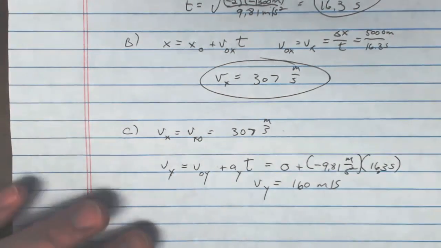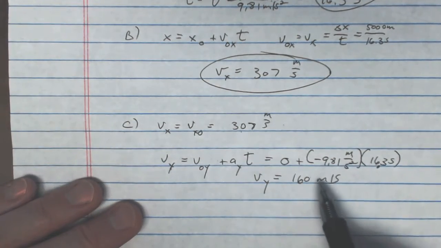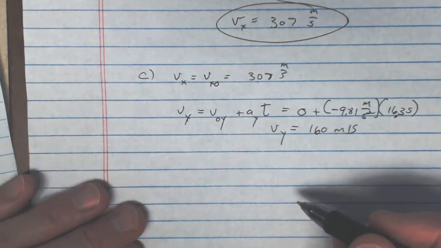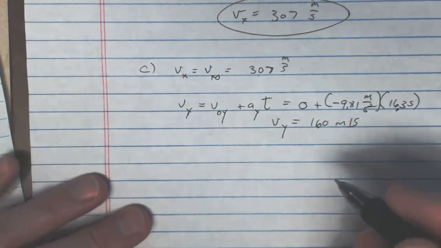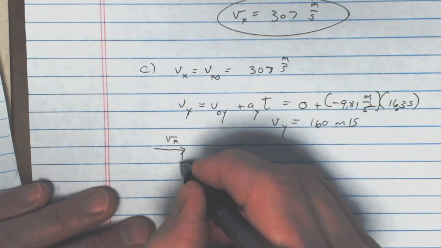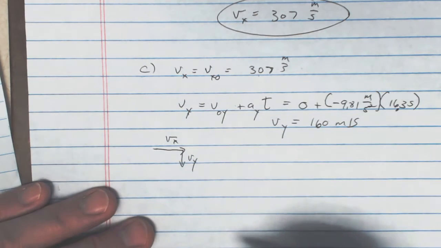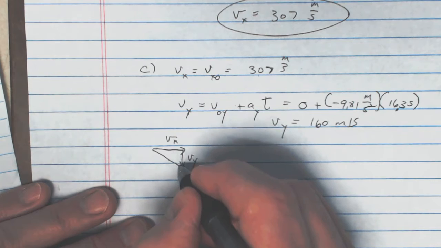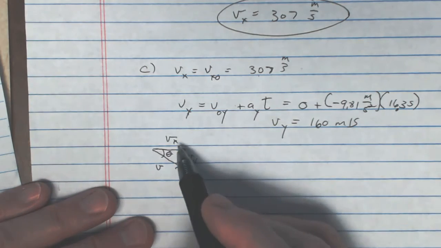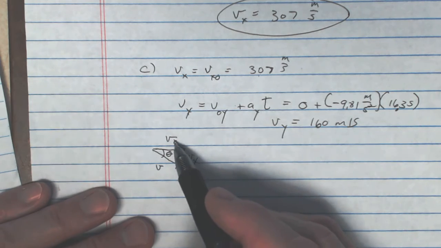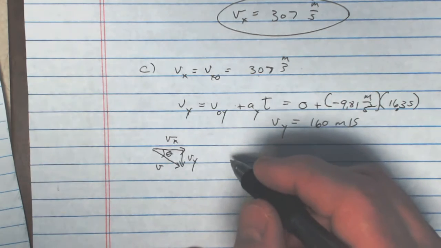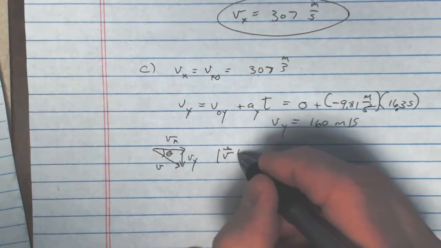Now, in principle, these two values, the x and y components, tell you the velocity, but in this case, the problem says no, you must supply it in terms of magnitude and direction. So while you've got the vx component and vy component when the rock hits the river, we want the magnitude v and the angle below horizontal. By the way, if you want, you can say vx is v sub north. That's fine. I'm just not bothering to specify that here. So how do we get the magnitude of v?